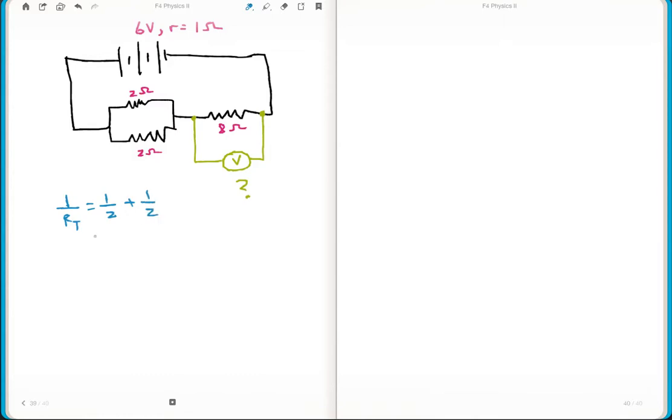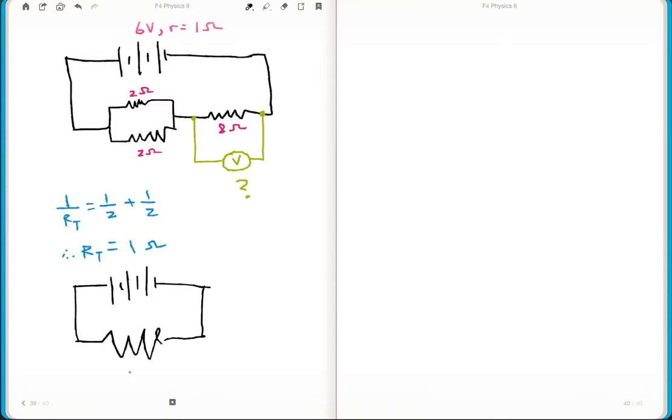It happens to be 1, so your total resistance is 1 ohm. Then here is 1 ohm, here is 8 ohm, and here is 1 ohm internal resistance. You need to do it really fast, because for an objective question you don't spend more than 2 minutes.